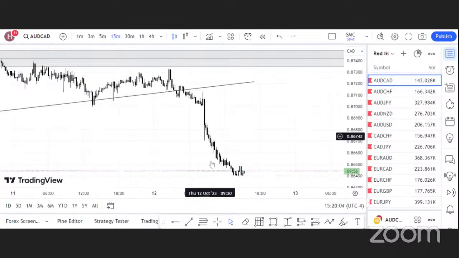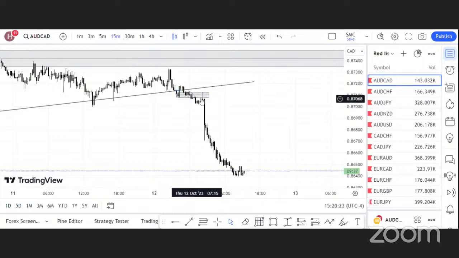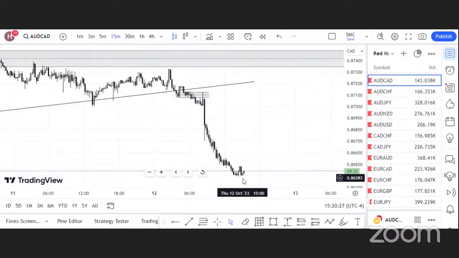We call this, let me just draw that out, a breaker block. Then the market came back to retest the breaker block and started going down. You see how the market came all the way down to this area?